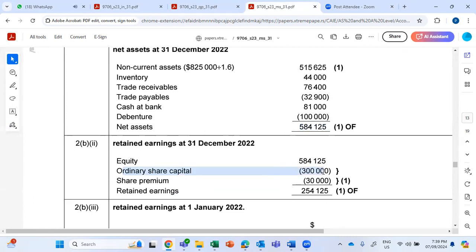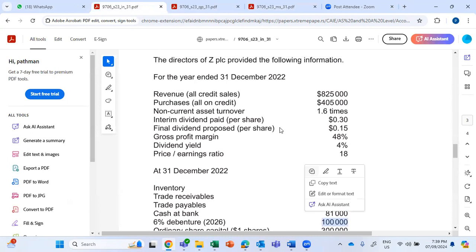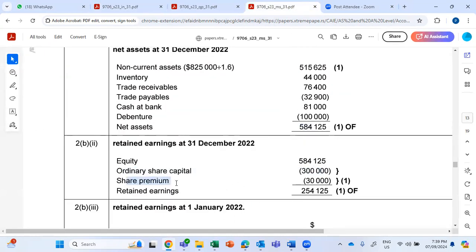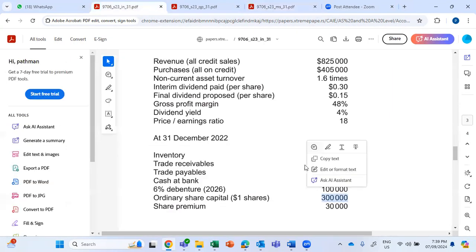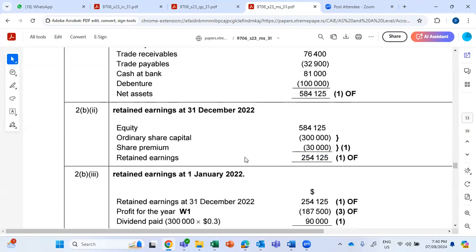So how do we get 300,000? It's because here, 300,000. Okay. And share premium, 30,000 came from here. So there being no revaluation reserve and no general reserve, the balance figure must have been retained earnings. So that's how retained earnings is calculated.